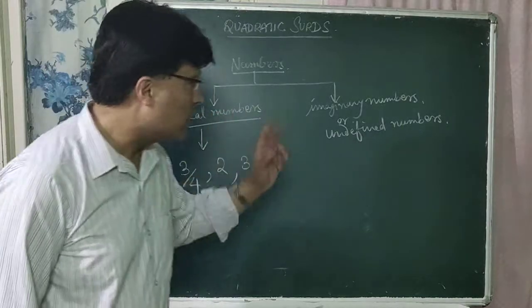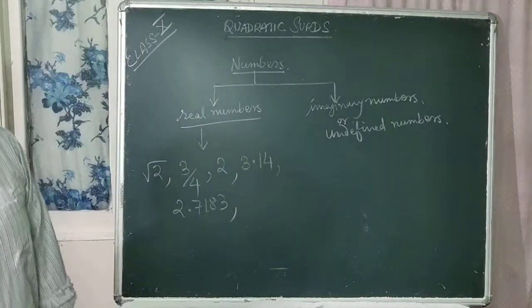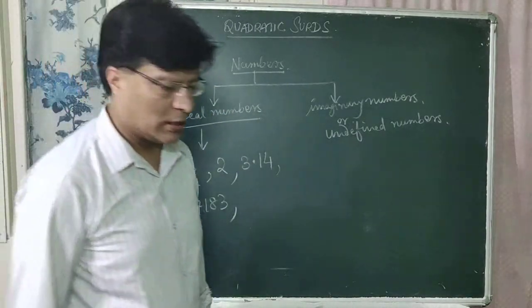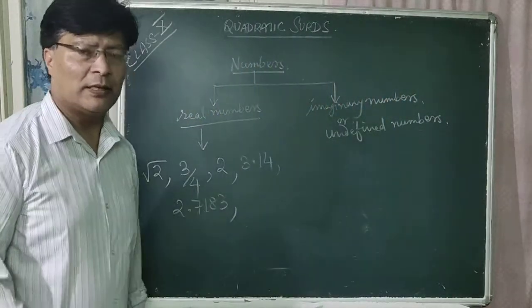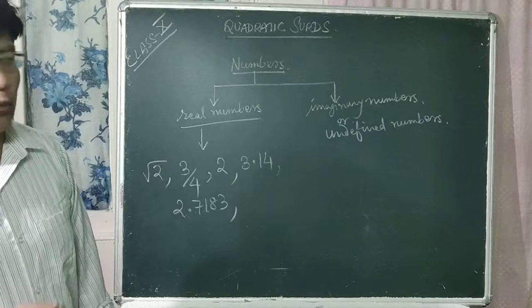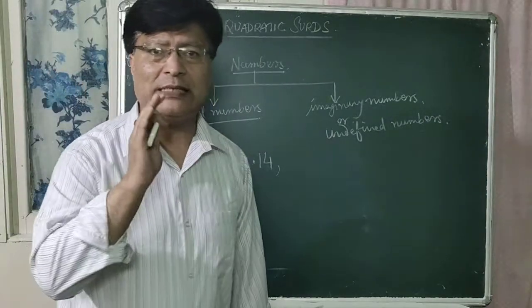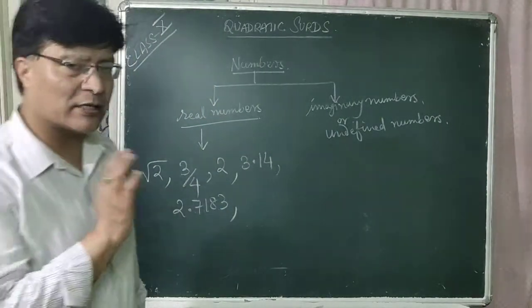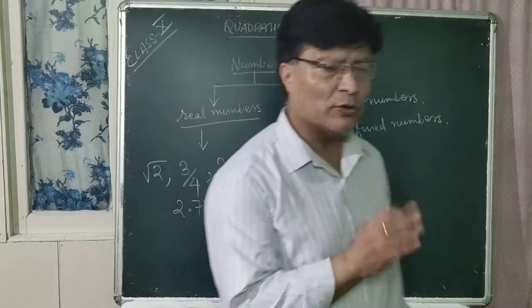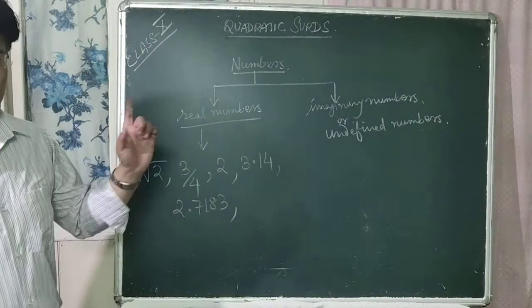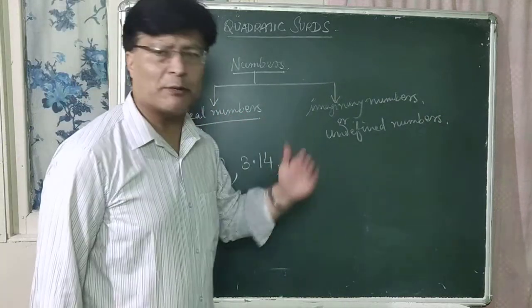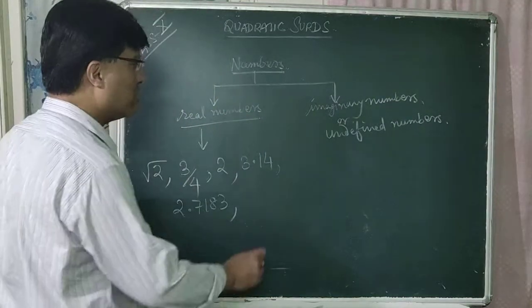Okay, so what type of numbers are known as imaginary numbers? You have done it in the theory of quadratic equations. The roots are imaginary when the discriminant is negative. If the discriminant is negative, then the roots of the quadratic equation are imaginary. So what type of numbers are known as imaginary numbers?